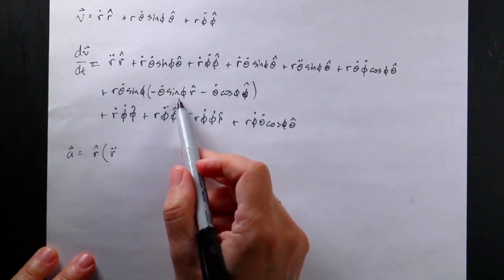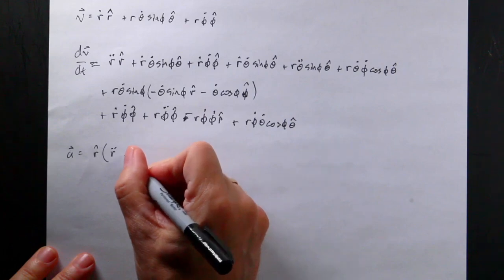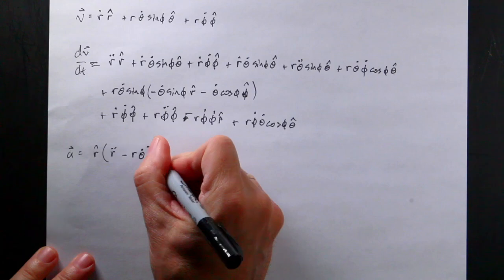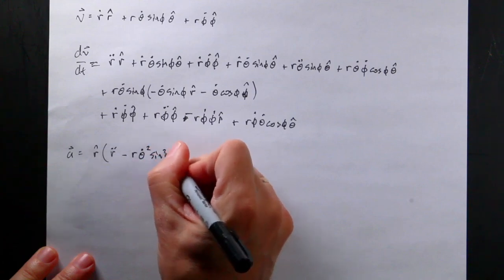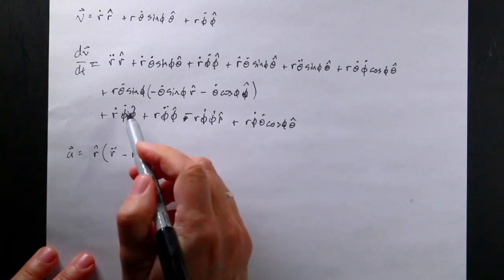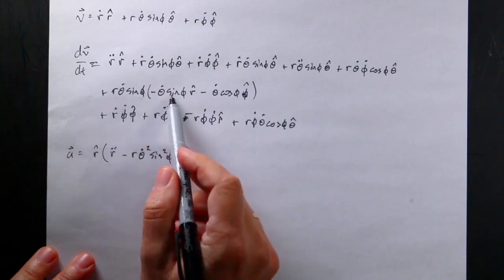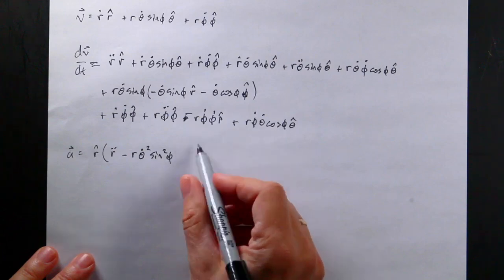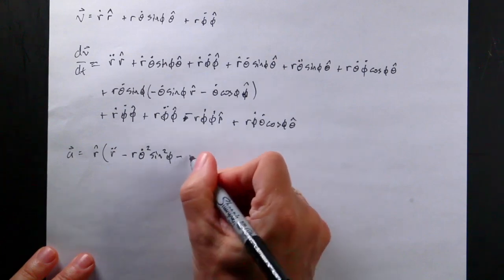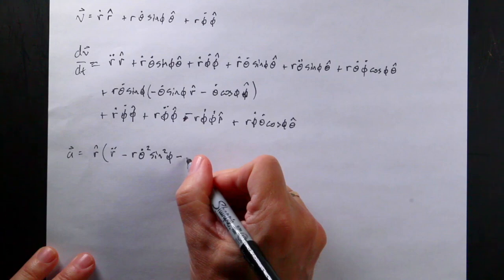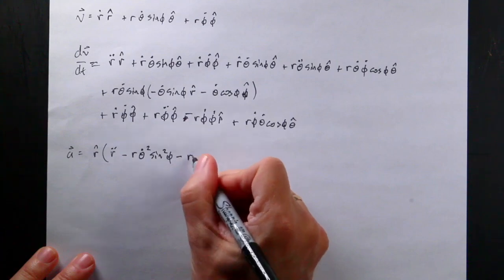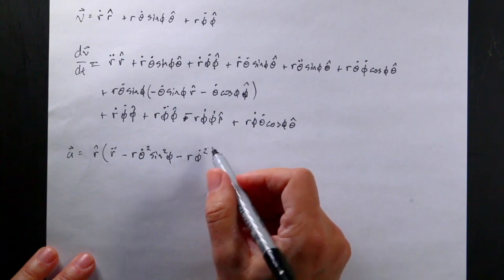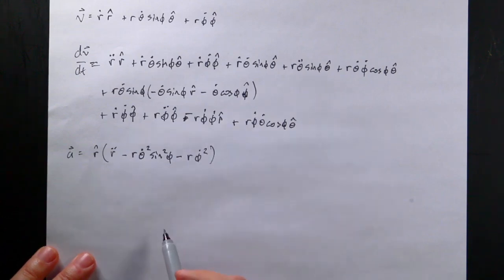Okay, so that's going to be equal to minus r theta dot squared sine phi squared, right? Because I had this times that. And now here's one more r hat term right there. I get minus r phi dot squared. Yep. Okay, so those are all my r hat terms.